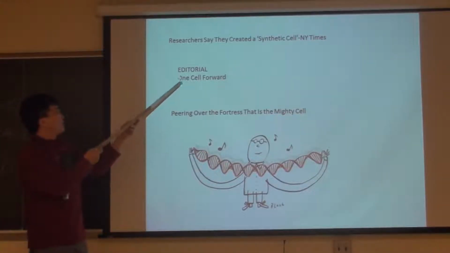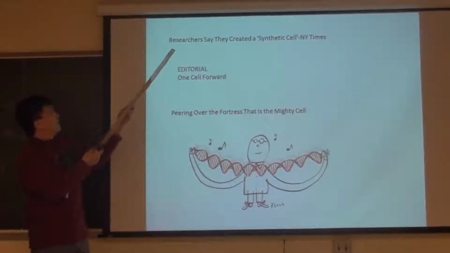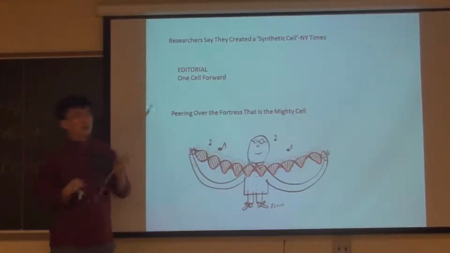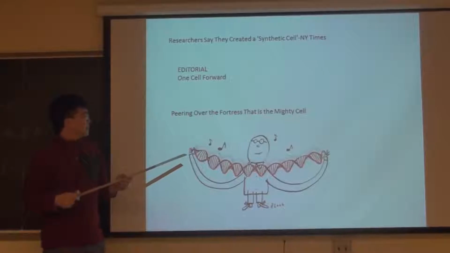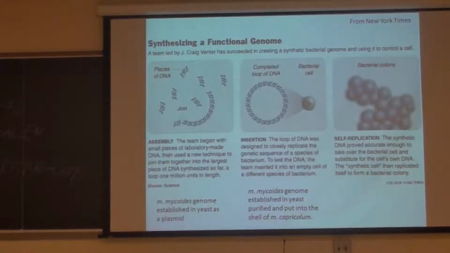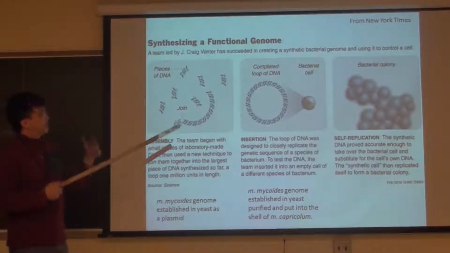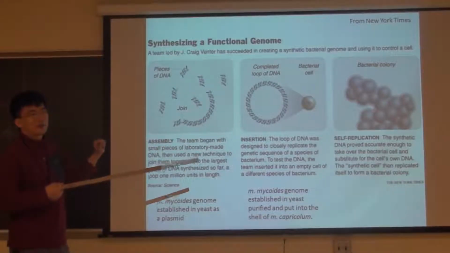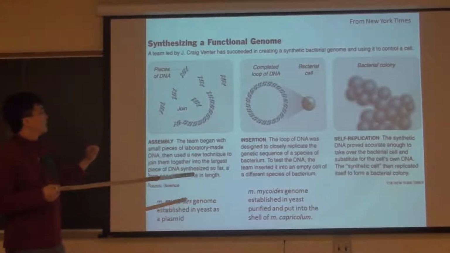They have an editorial called "One Cell Forward," and researchers say they created a synthetic cell, quote unquote. So I was intrigued, and they kindly put together some visuals to tell people what was actually done.